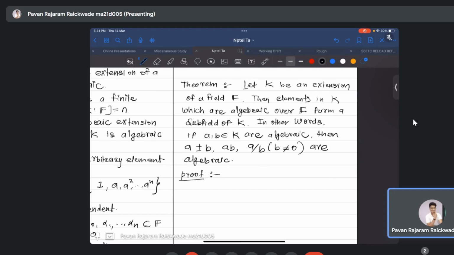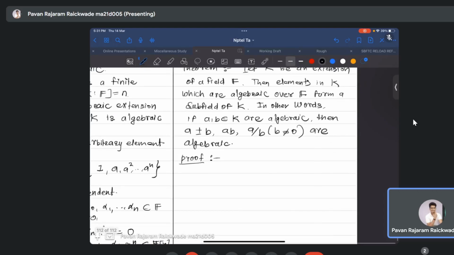So it has to be in between R and C, but there is no field in between R and C, because what will be the degree? If it is 1, then it is R. If it is 2, then it is C. That proves that every complex number is algebraic. It's a complicated proof; you have a simpler proof: it is a finite extension, hence algebraic. So no need. Let's prove this theorem.